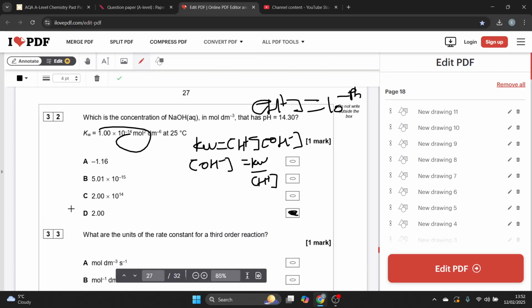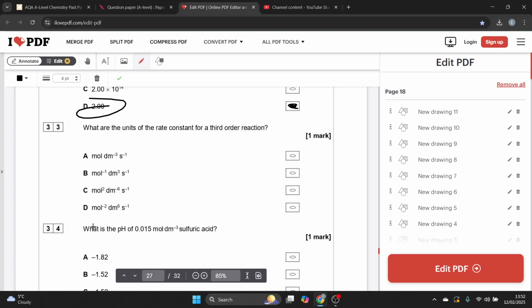So that's 32D. Question 33, what are the units of the rate constant for a third order reaction? Now, what I would do for this is construct it. Let's, for example, take a third order reaction, rate equals k times concentration to the power 3. Find out k equals rate over concentration cubed. What's rate?